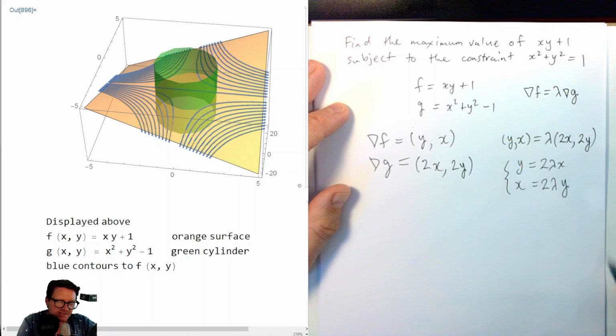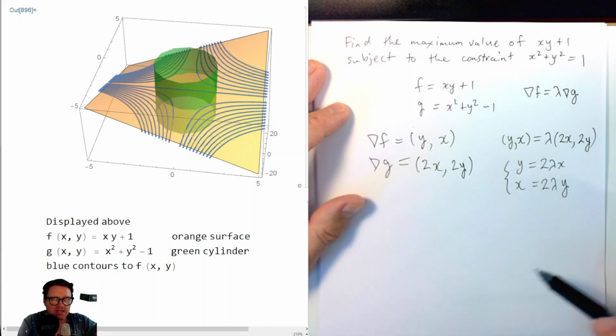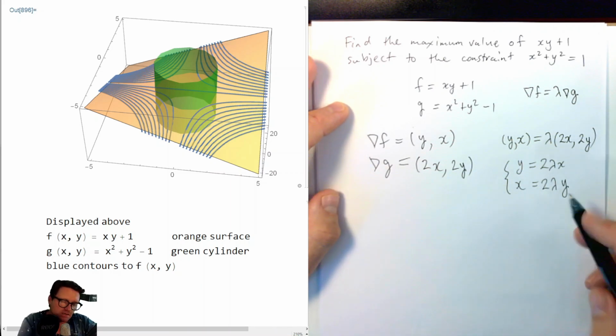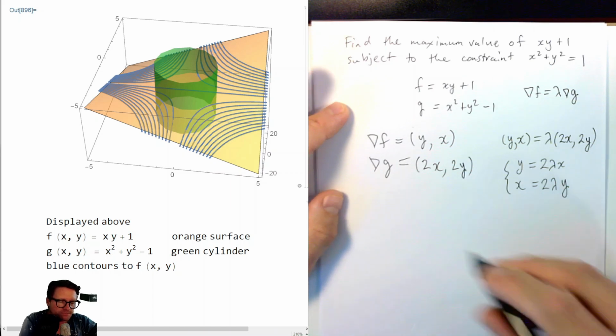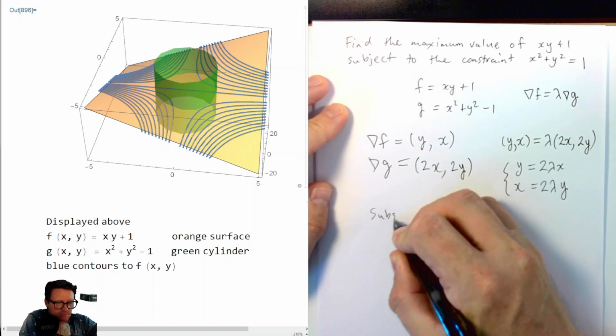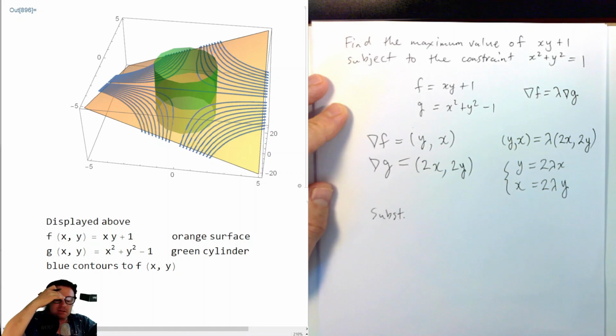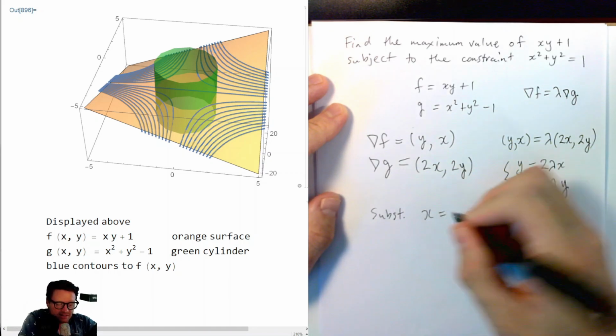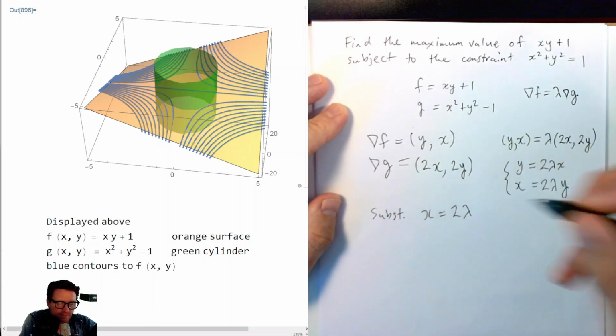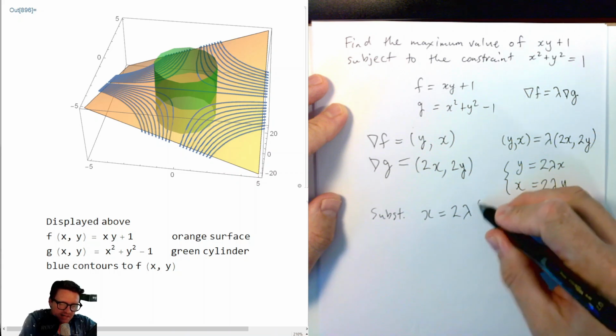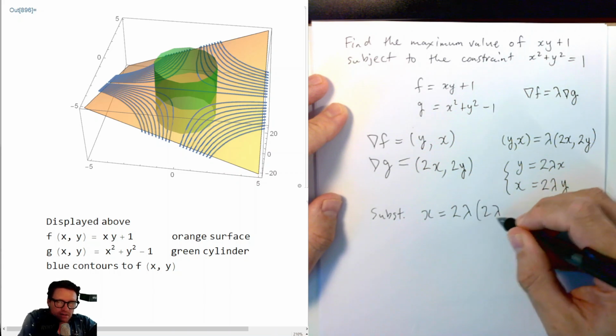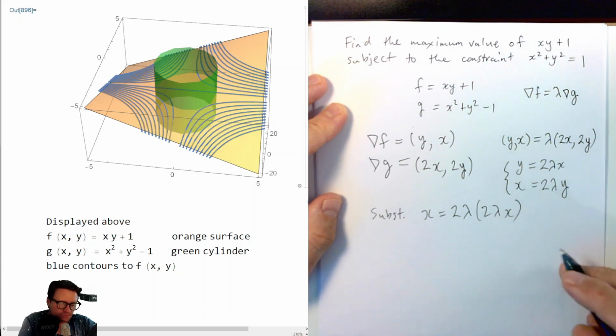Okay, it's fairly easy in this case because we can eliminate one of the letters, say y. So let's sub that y in here. Substitution gives us x is equal to 2 lambda times y, but that is 2 lambda x.